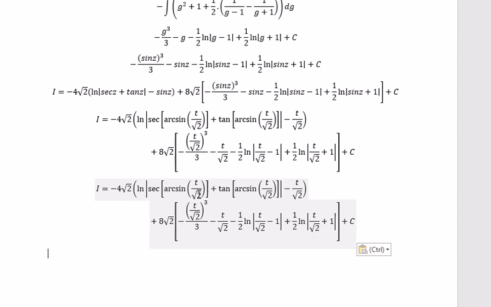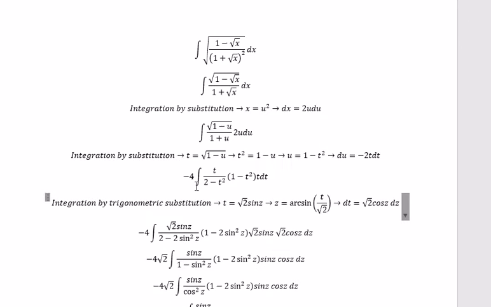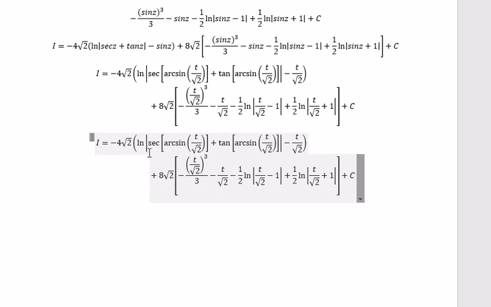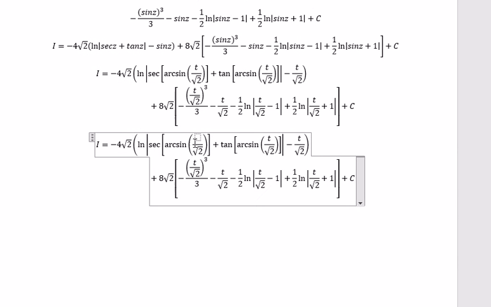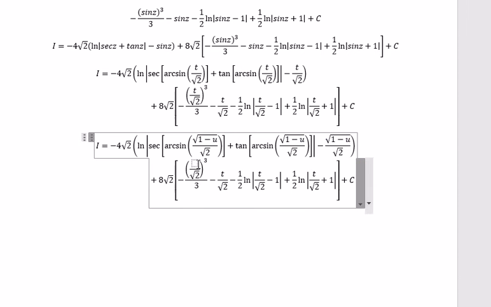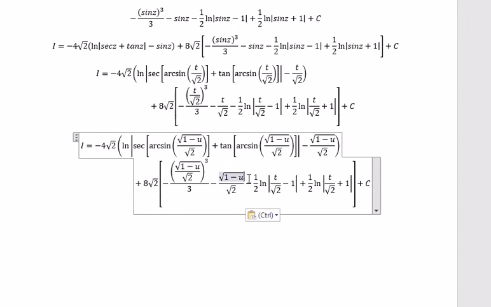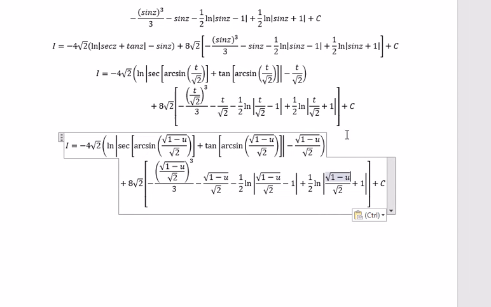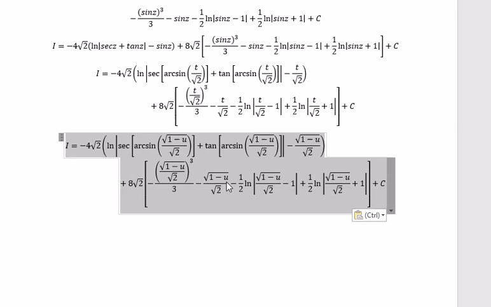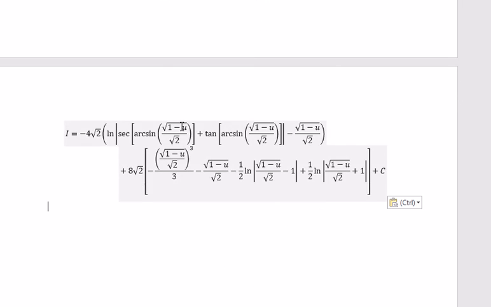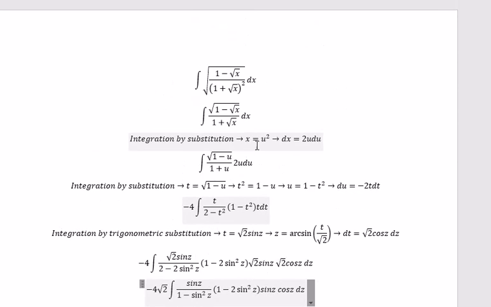Next, about t, we need to change back for the square root of 1 minus u. About u, we need to change back for the square root of s.